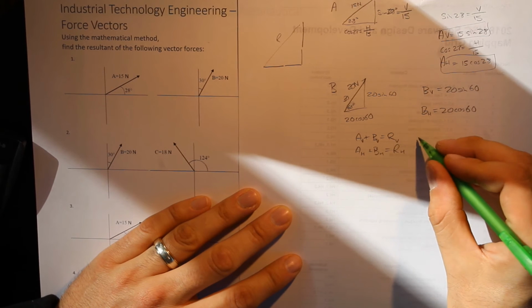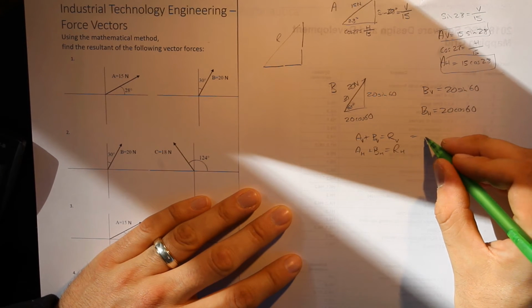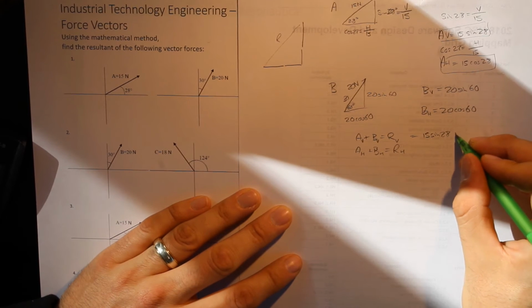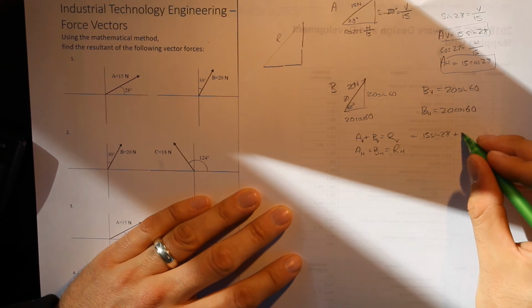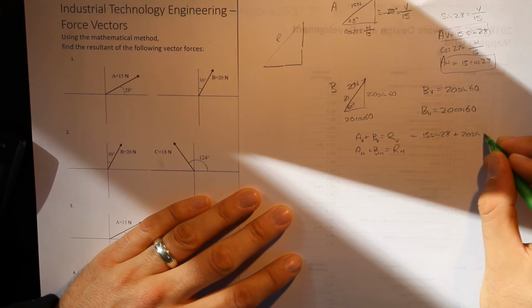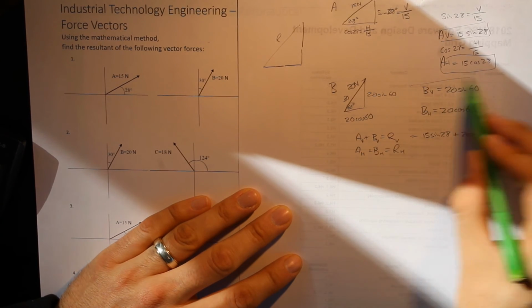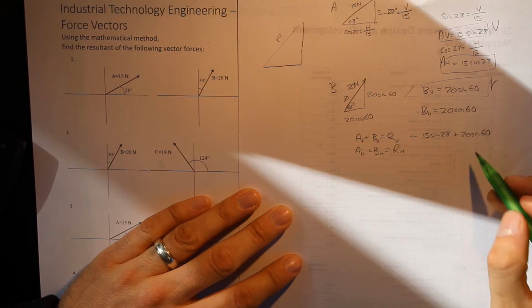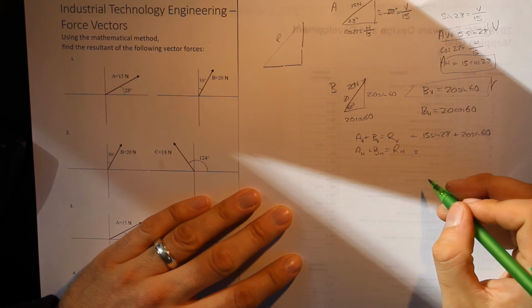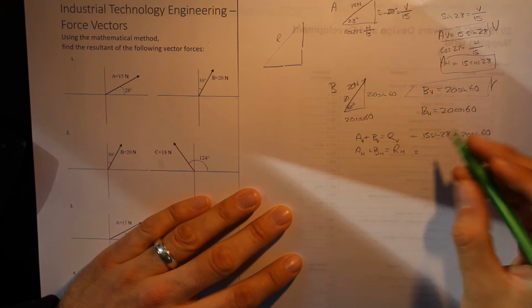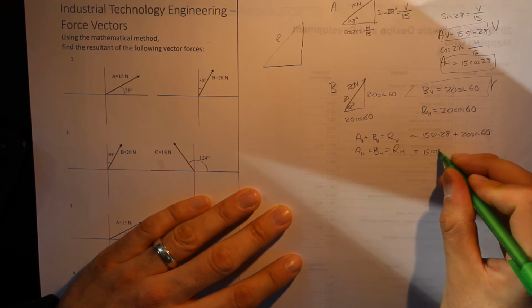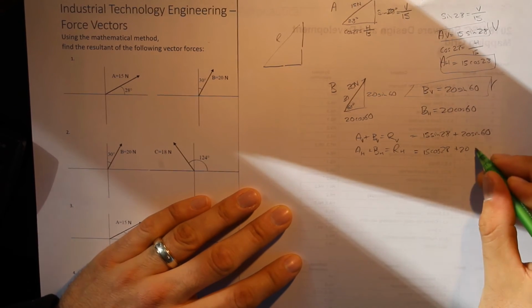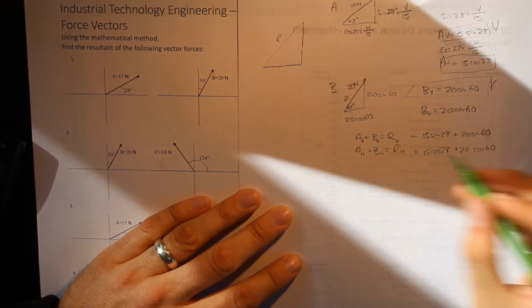So this one is going to be 15 sine 28 plus 20 sine 60, taking our vertical components and adding them together. I'll do the same for the horizontal component. So I've got my horizontal here of 15 cosine 28 plus 20 cosine 60.